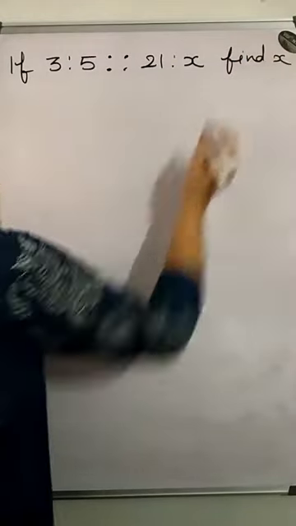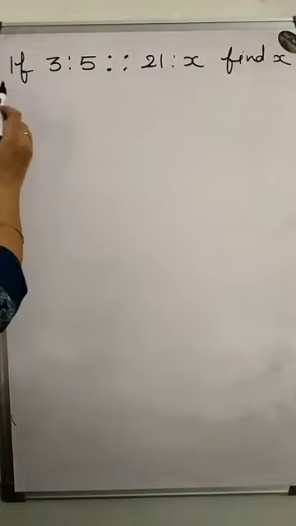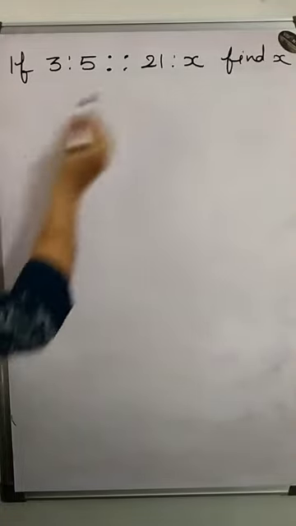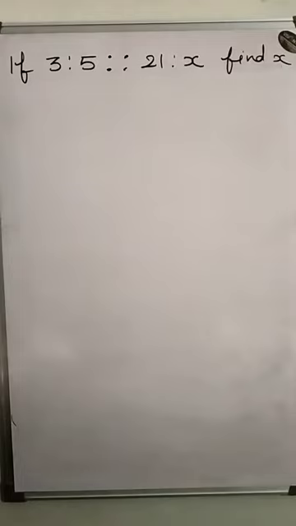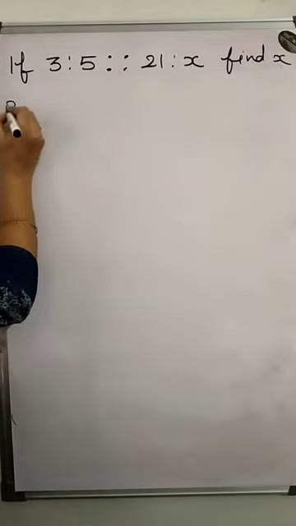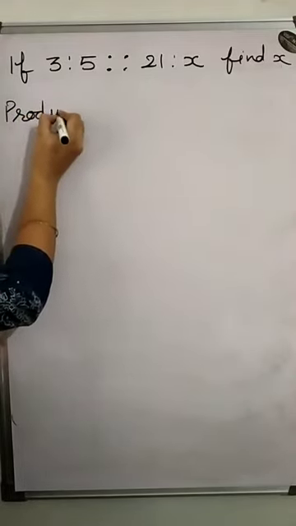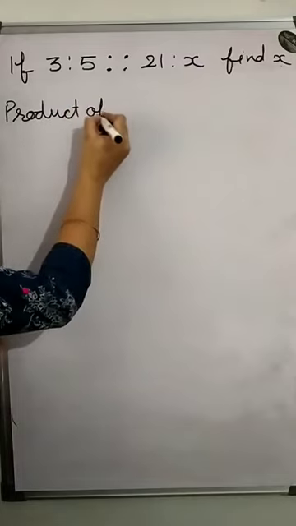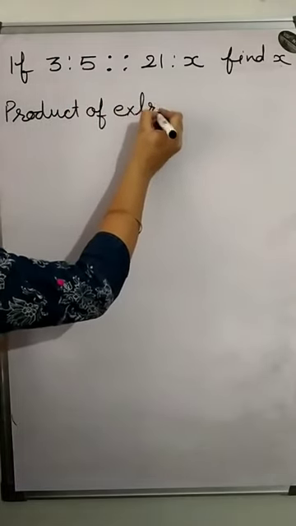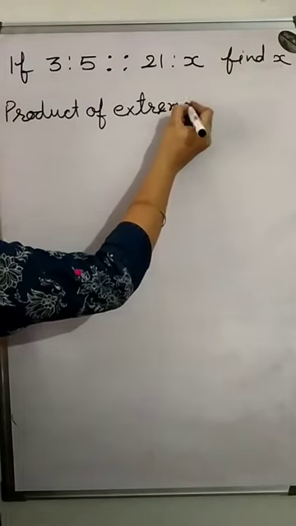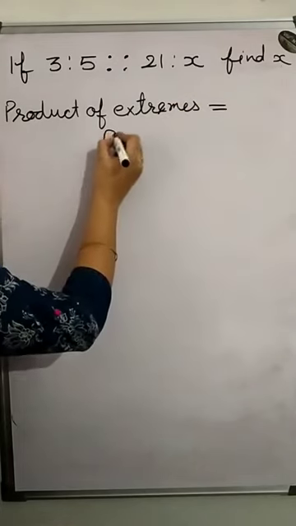Next question is, if 3:5 is in proportion to 21:x, find x. Here you have to calculate the value of x. These are in proportion, so again we use the same formula, that is product of extremes is equivalent to product of means.